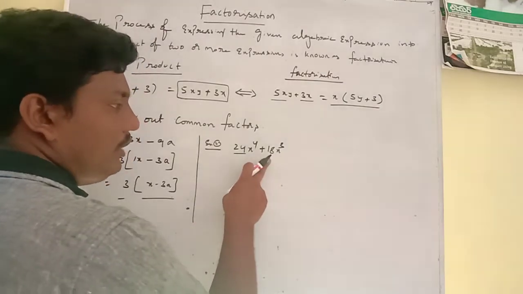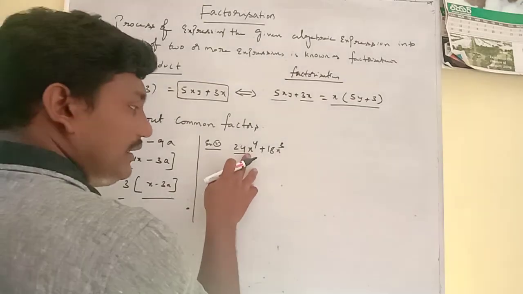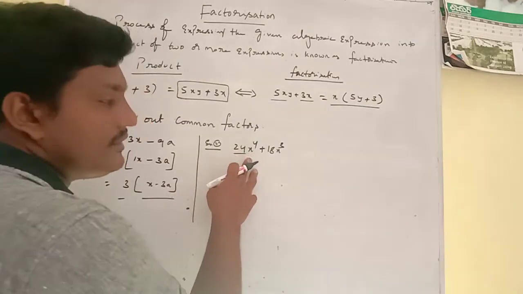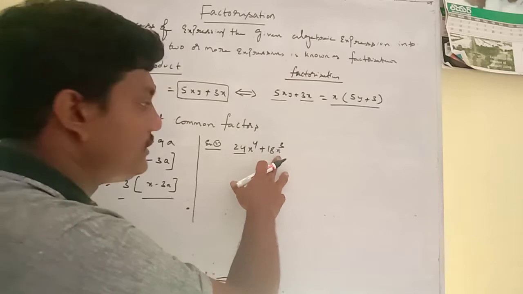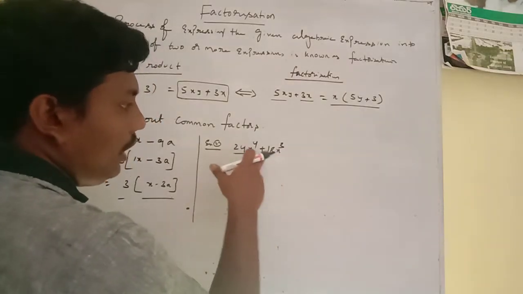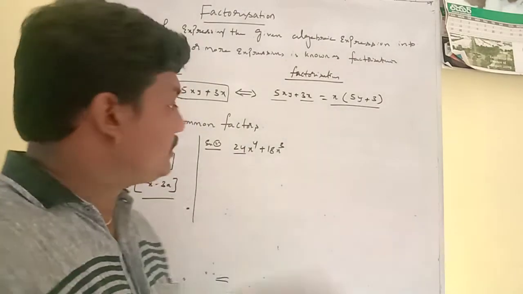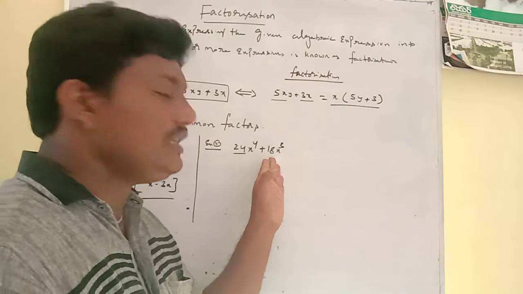Here the numerical value is 18 and the variable part is x cube. That means here x repeats 4 times, and here x repeats 3 times. Both 24 and 18 come in the 6 table: 6 fours are 24, 6 threes are 18.